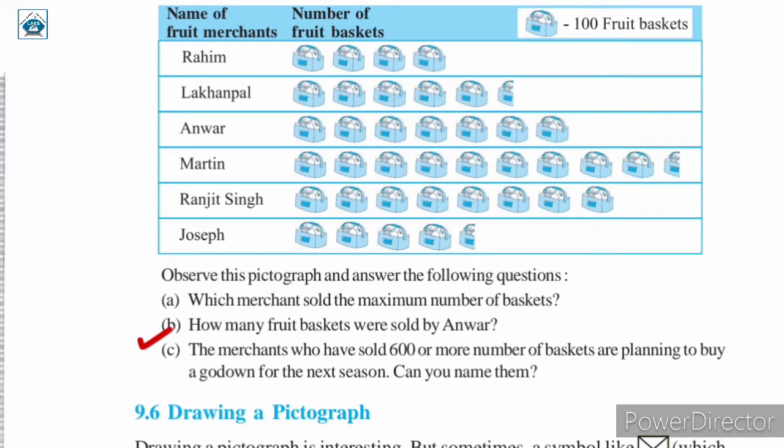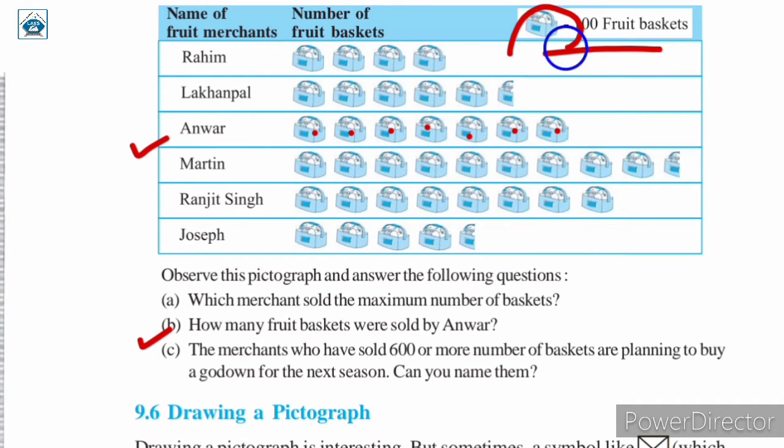B. How many fruit baskets were sold by Anwar? Here we have the pictograph for Anwar, and from this figure we can easily count 1, 2, 3, 4, 5, 6, 7. 7 baskets are there in front of Anwar's row, and here one basket represents 100 fruit baskets.